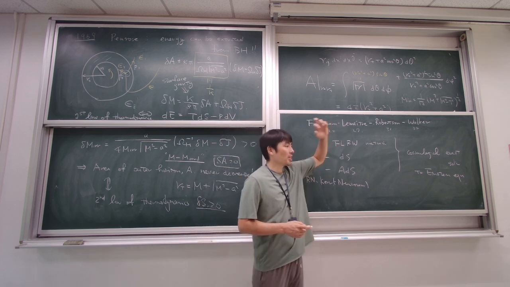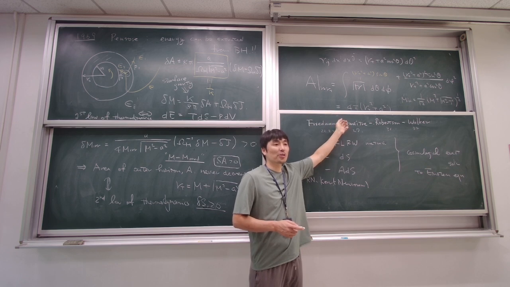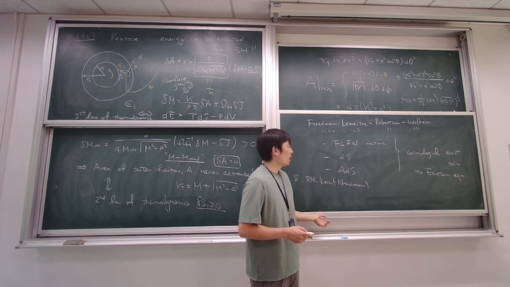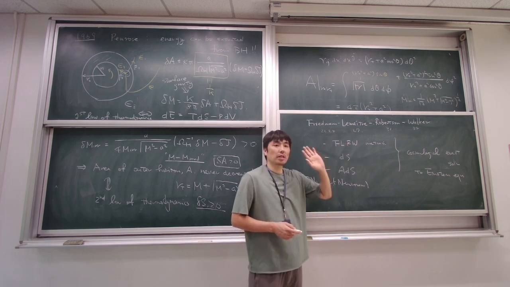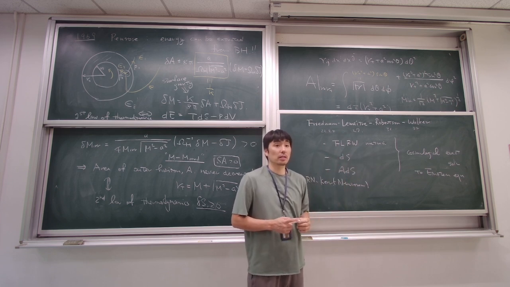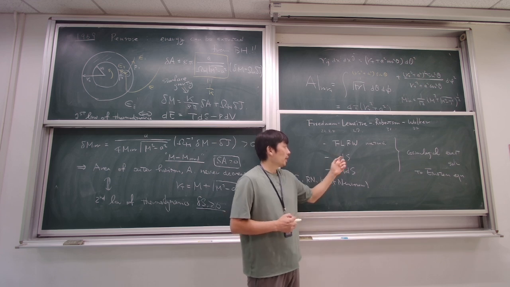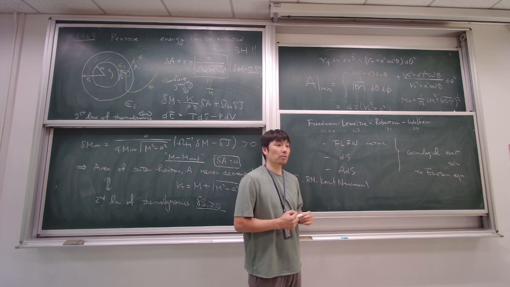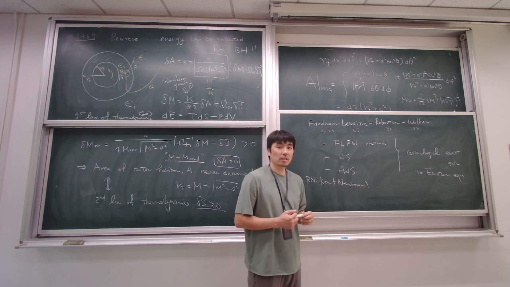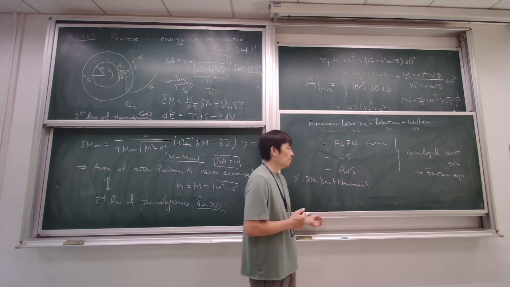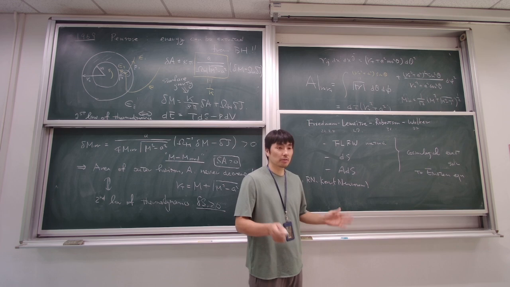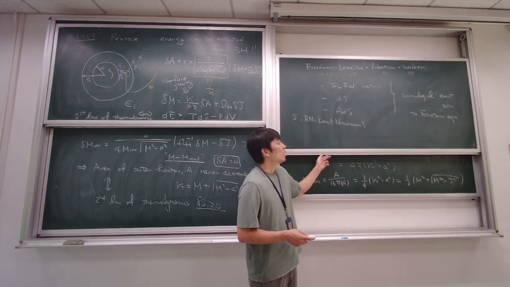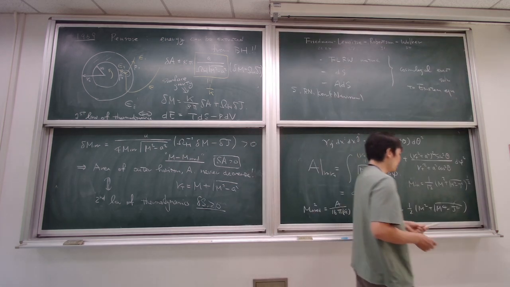Lemaitre is the first person who proposed the so-called Big Bang theory. FLRW somehow knows about the history of the universe, and de Sitter actually describes our universe at this moment. Anti-de Sitter also plays a very important role, as you might have heard, in the AdS/CFT correspondence and so on. So it's better to learn this kind of stuff.